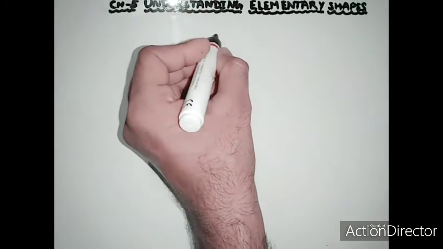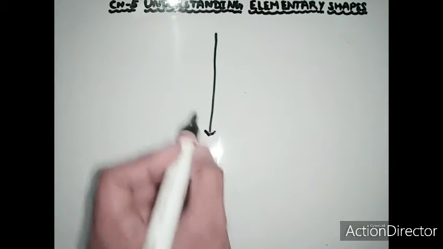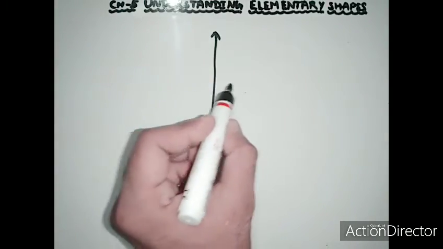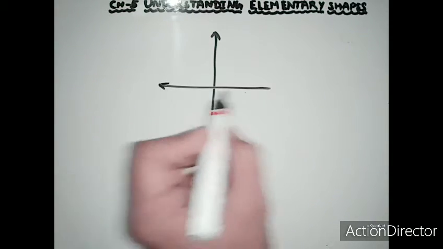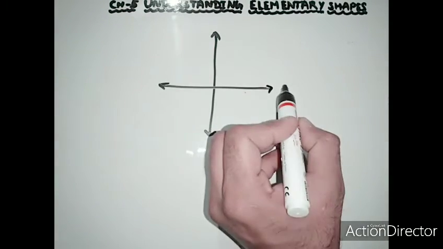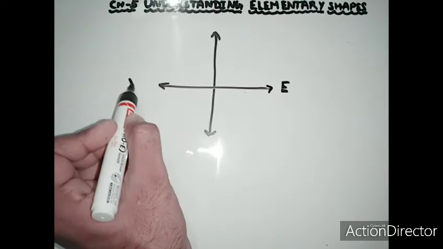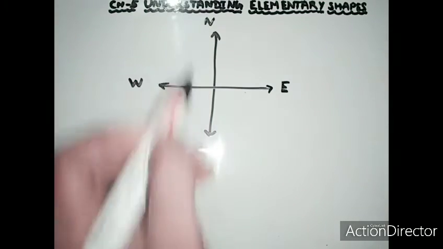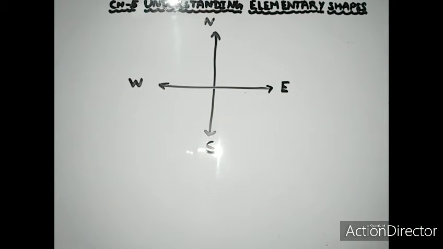Now students, here we will discuss about angles formed by the different directions and different angles formed by a clock, right? Here we first take example like direction, right? Here we take 4 directions here: east, west, north and south.